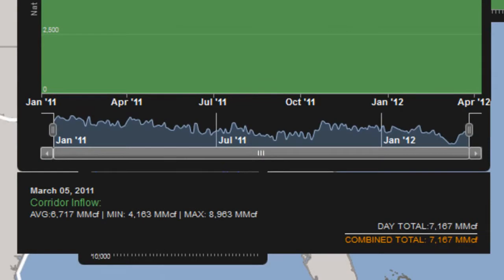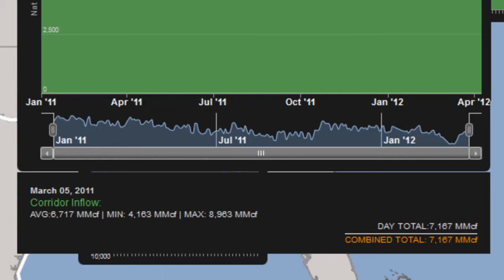You see the combined total there in orange at the bottom, 7.1 BCF per day, or 7,167 MMCF per day on March 5th, 2011, as well as the average over this time period. So there's an average flow of 6.7 BCF per day, a min value of 4.163, and a max value of 8.963.